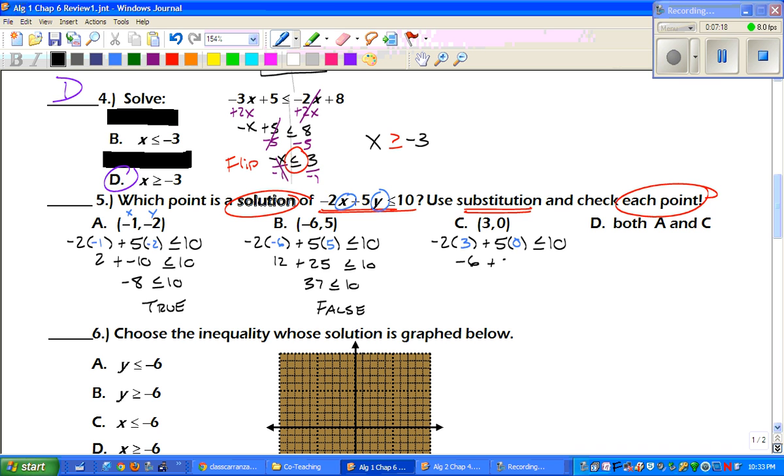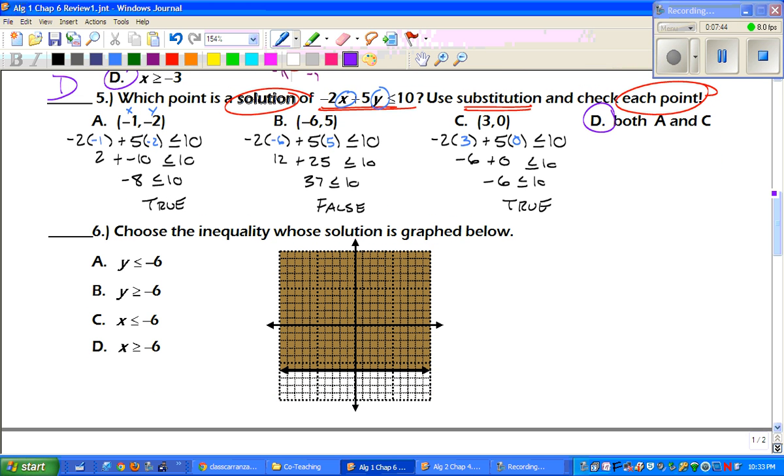Multiply that out, you get -6 plus 0 is less than 10. Okay, and is that a true statement? It is. So, our answers were A and C, but oh wait, look at D. D says both A and C.